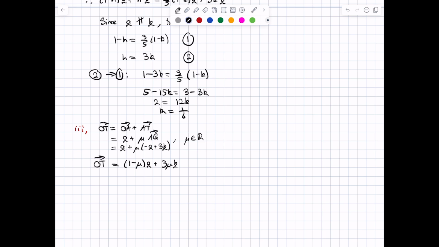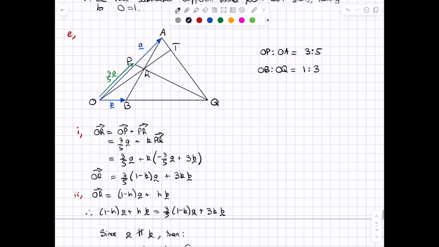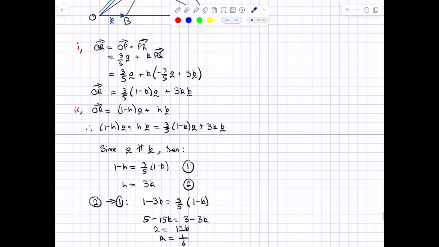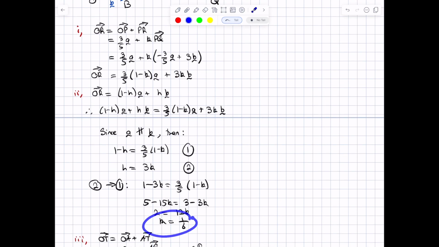Okay, good. But what else do we know about OT? We know that OT is a scalar multiple of OR because they lie on the same line. So that means I can write OT as another scalar. Let's call that scalar lambda. I can write it as lambda times OR. And I actually know what OR is now because in part 2, I found the value of K to be 1 on 6.